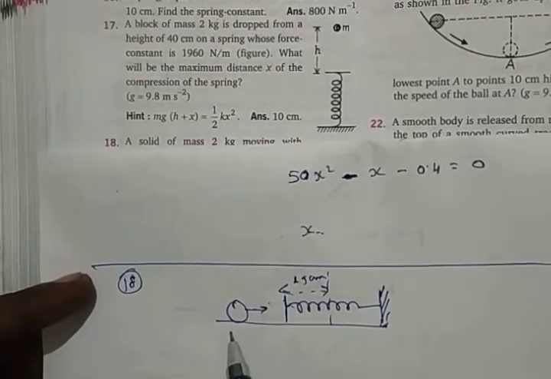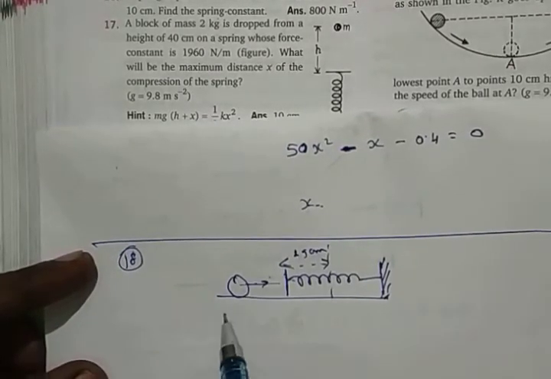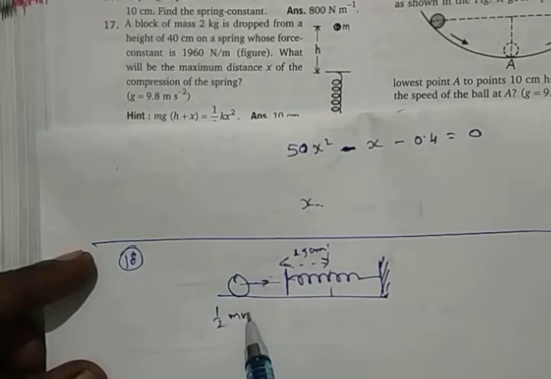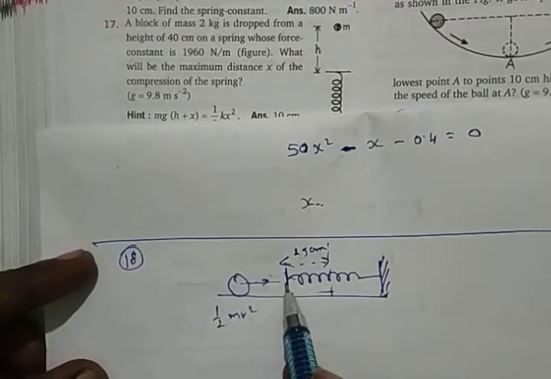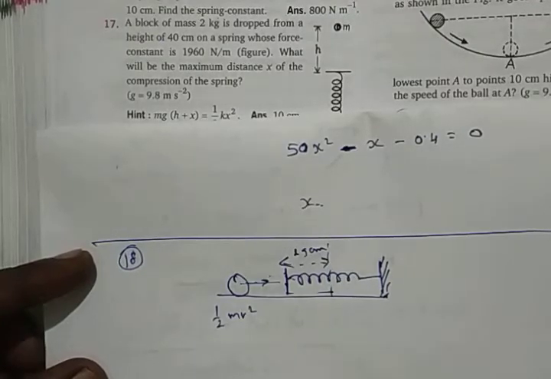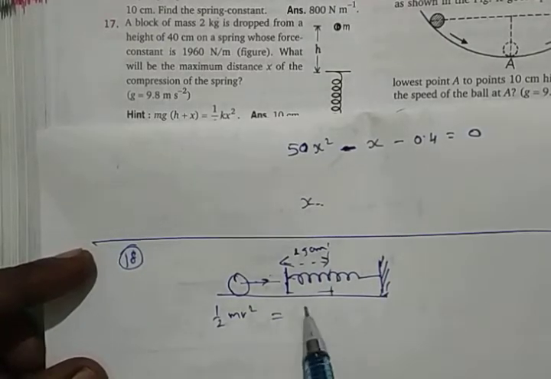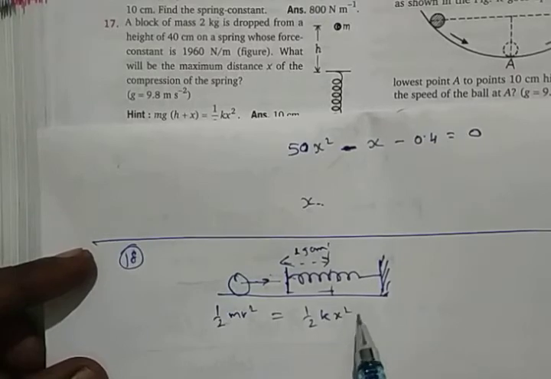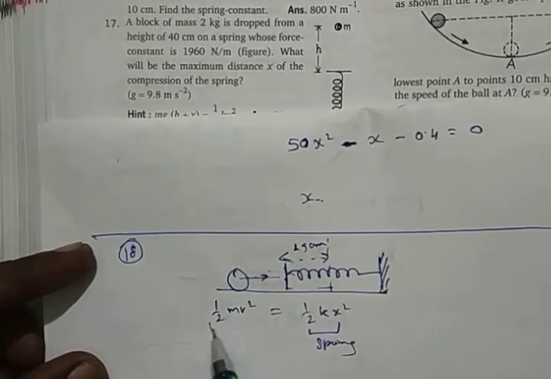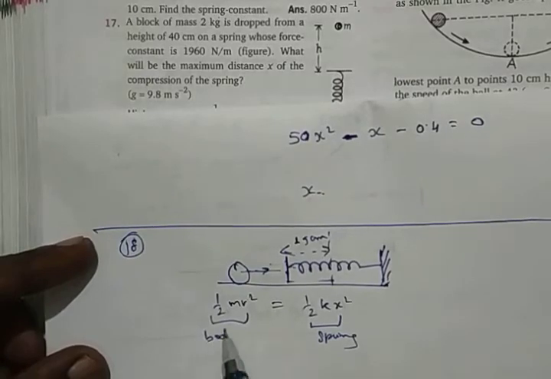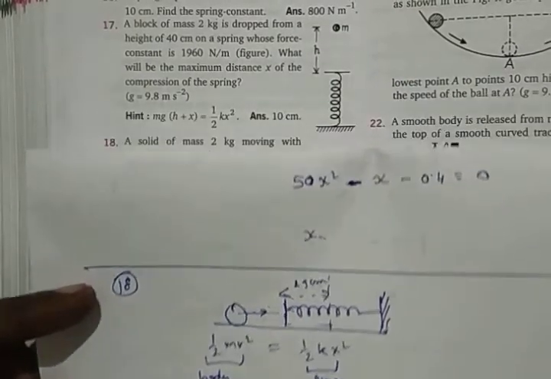So it has a kinetic energy half mv square and it presses inside. Whatever the kinetic energy is, that much potential energy it will be compressed. So half mv square is going to be equal to half kx square of the spring. This is of the spring. This is of the body which is moving and hitting here.